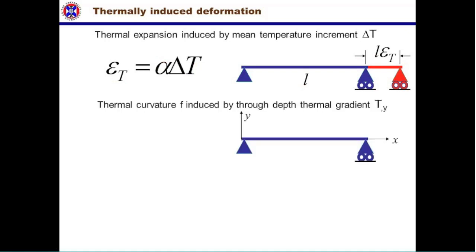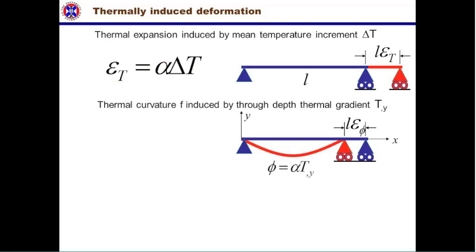You could also have a through-depth thermal gradient in the beam without having, say, a mean temperature increase. Realistically that is not a realistic thing, but just for argument's sake, theoretically, to understand the behavior of thermal gradient, your beam will have some curvature in it, and that curvature is given by that formula there.